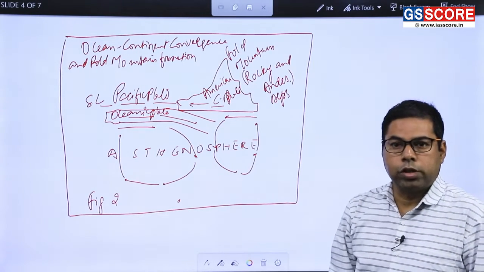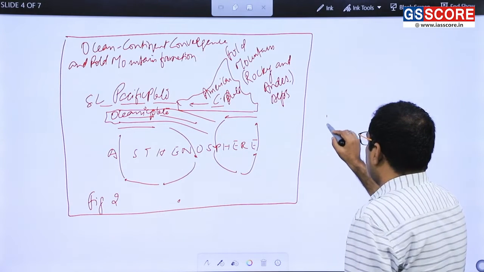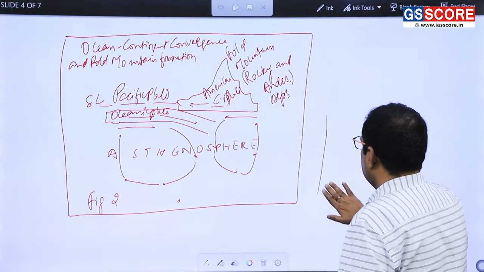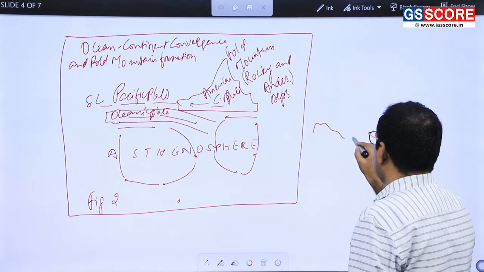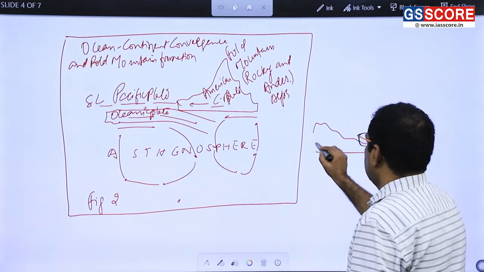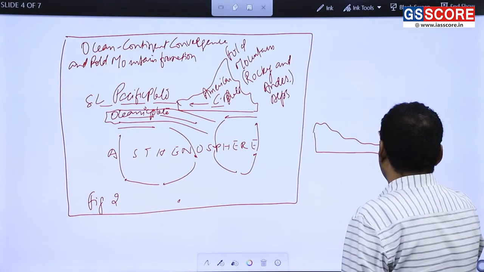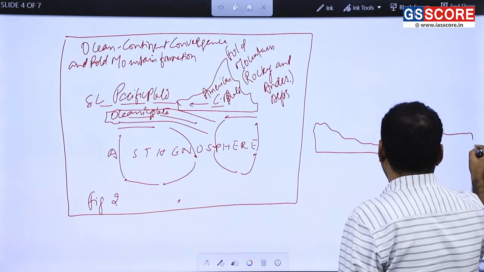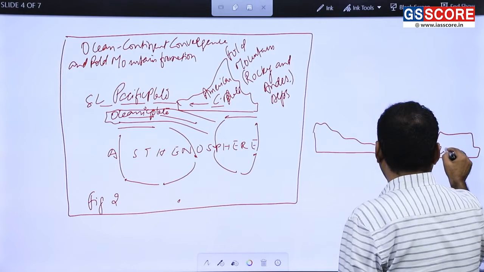Okay. So you can draw one diagram. Another diagram you can draw while discussing the case of India. So this is the Eurasian plate. You can draw a small diagram, and also this is the Indian plate, you can mark it.